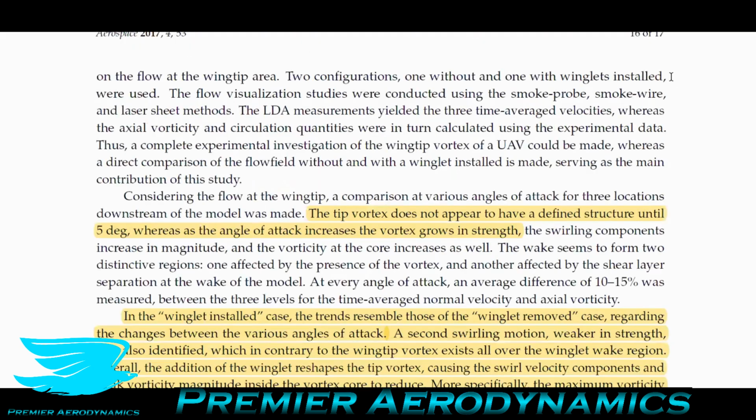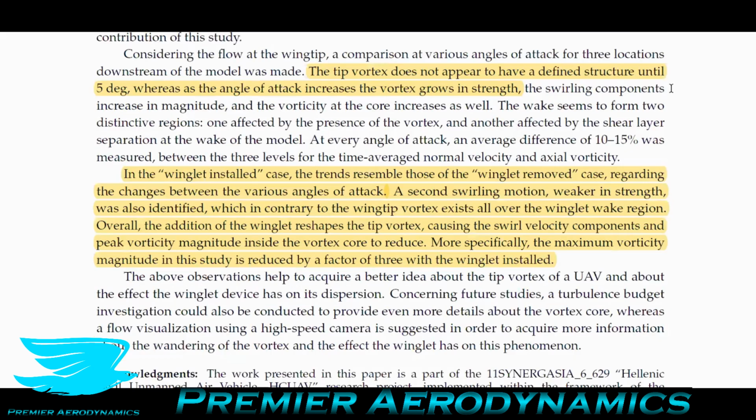So in conclusion, they said that the tip vortex does not appear to have a defined structure until 5 degrees with the winglet, because at 0 degrees the wings weren't producing any lift. But with the winglet also, there was also a secondary structure that occurred. They said with the winglet installed, the trends resembled those of the winglet removed in terms of increased angle of attack increasing the vortex size, generally speaking, but it was much weaker.